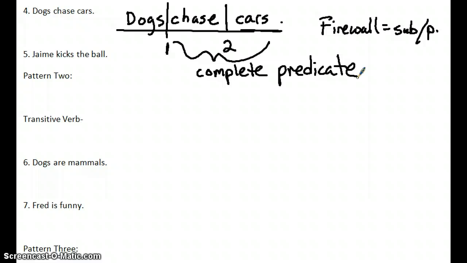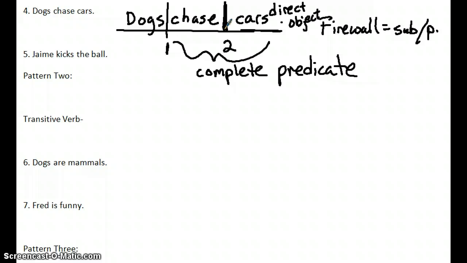This word cars is called a direct object. And it goes after the verb on the diagram. Okay? This line that separates the verb from the direct object, that lets us know it's a direct object. It doesn't cut through the horizontal line because there's only one firewall.